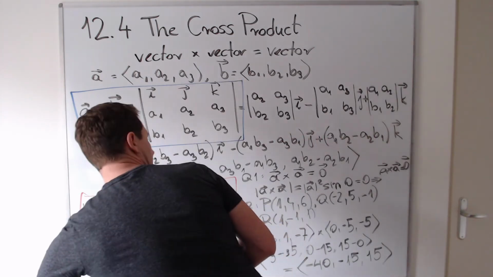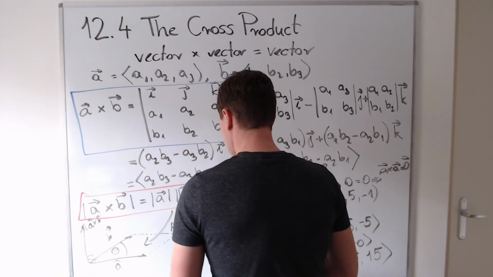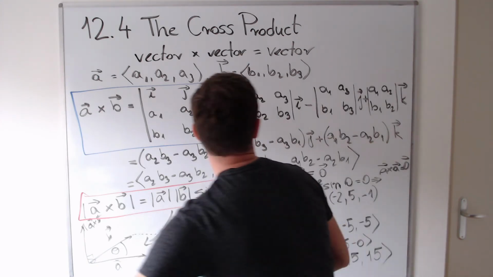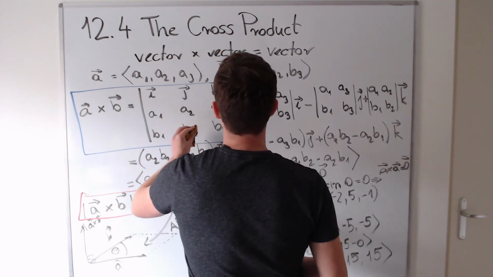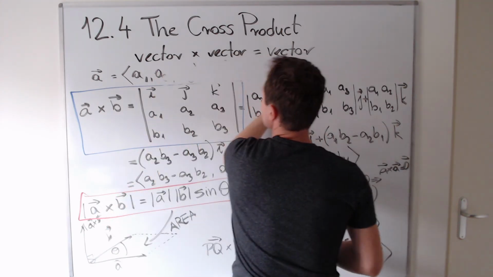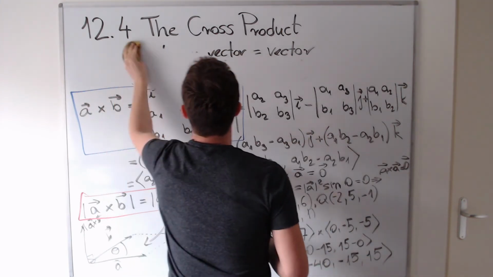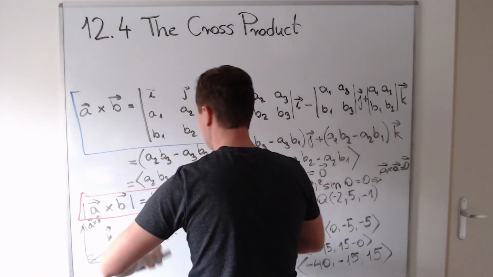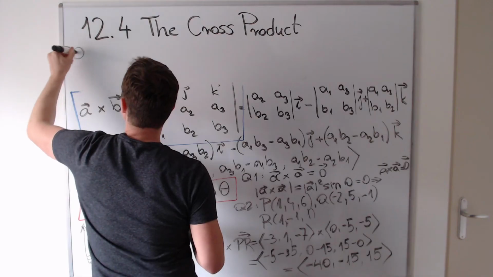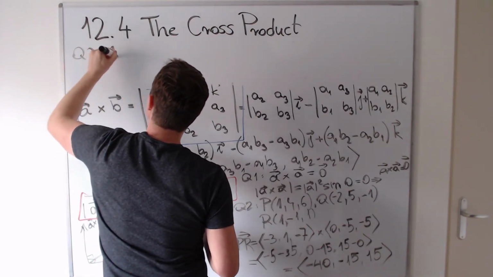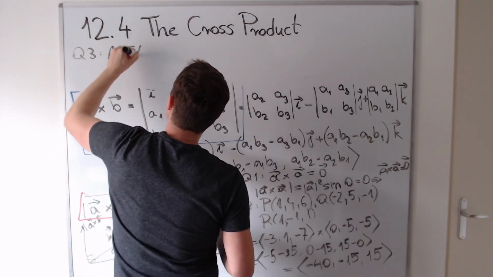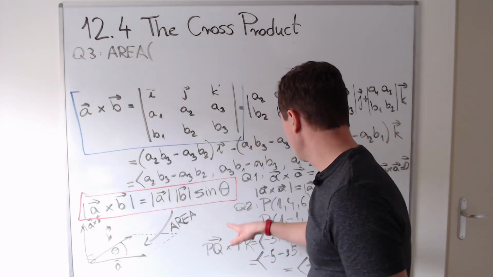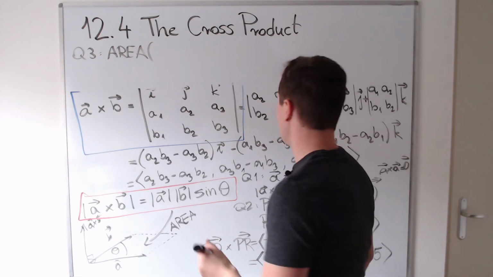And now for my third question, what is the area of the triangle that I get by connecting these 3 points?